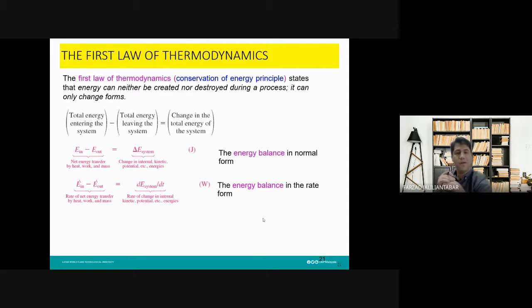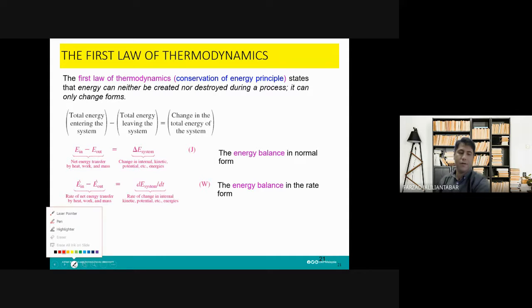If you remember, we have the first law of thermodynamics. The first law of thermodynamics is also called conservation of energy. Based on this law, energy cannot be created or destroyed during a process. It can only change form during a process, or be transferred.